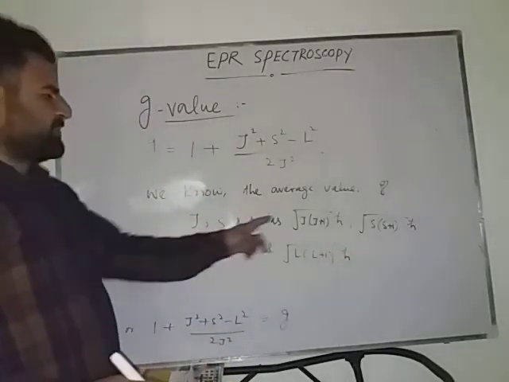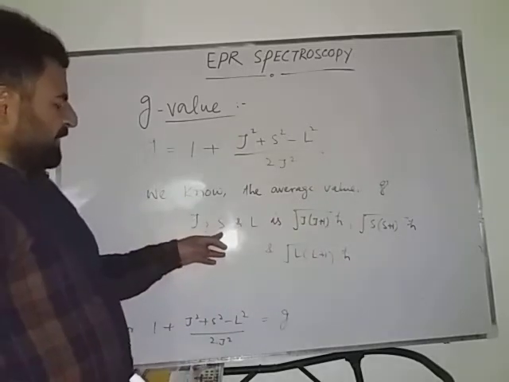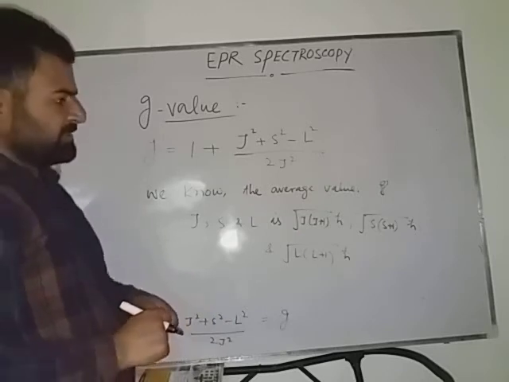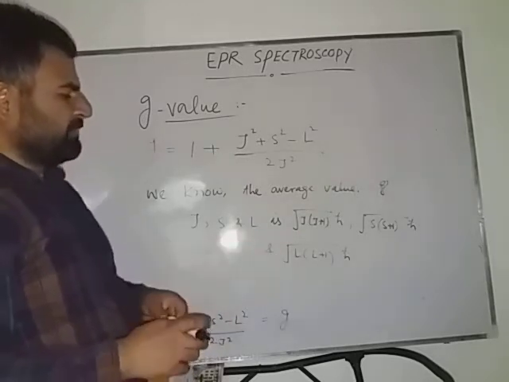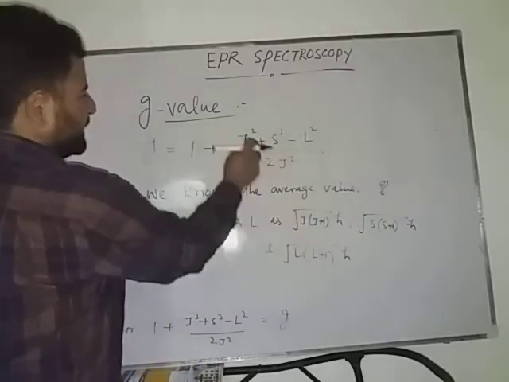The value for J is under root of J into J plus 1 h cross. Similarly, the average value of S is under root of S into S plus 1 h cross, and similarly for L it is under root of L into L plus 1 h cross. So we will put these values in this equation.